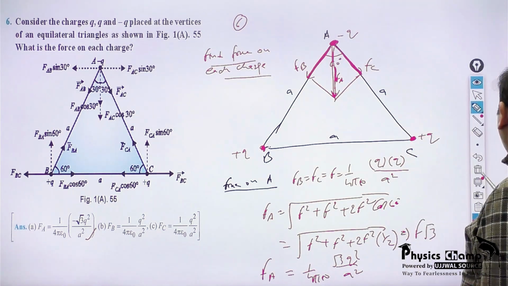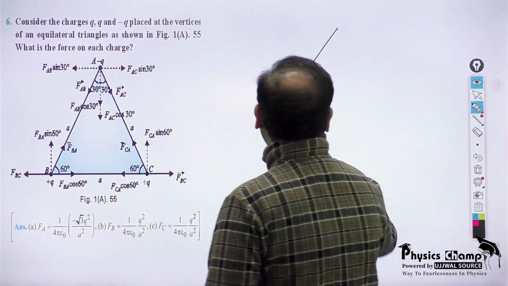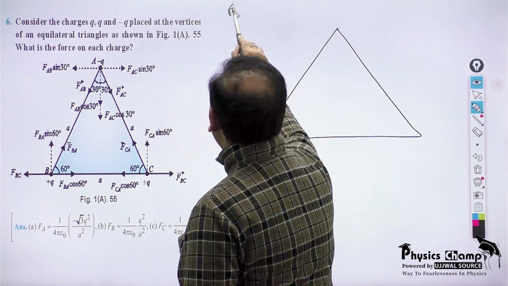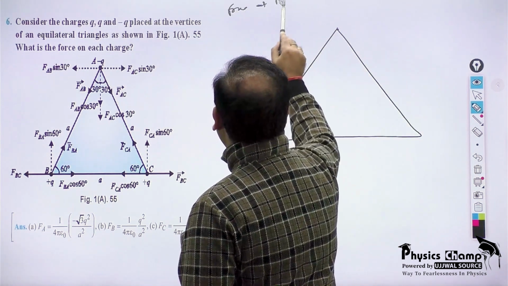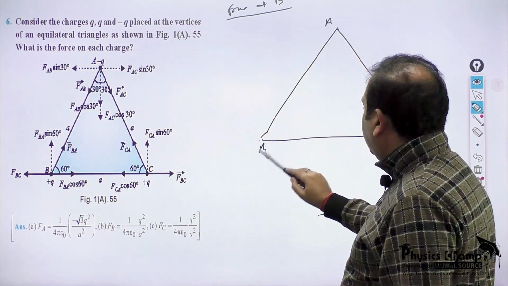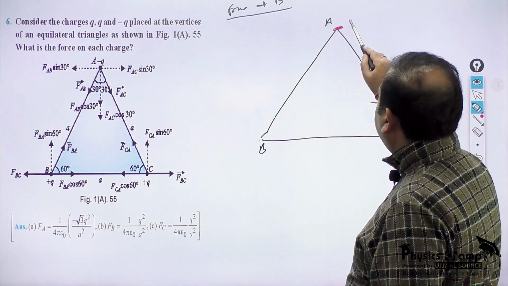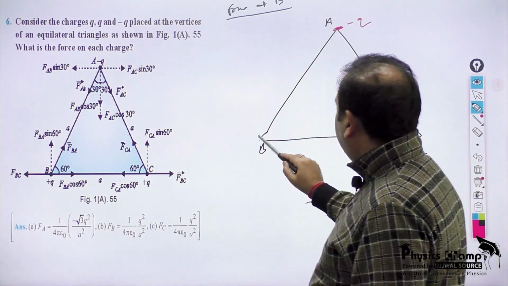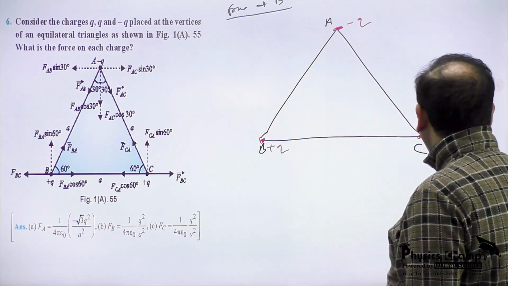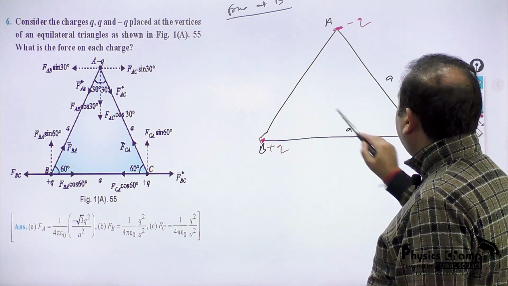Similarly, we can look for force at B in the same arrangement. So this is case second, force at B. You have A, B and C. On A the charge is minus Q, on B the charge is plus Q, on C the charge is plus Q, and every side the separation is a.